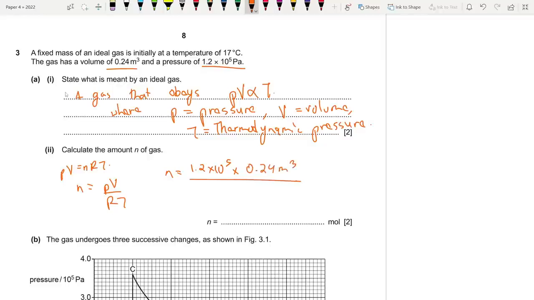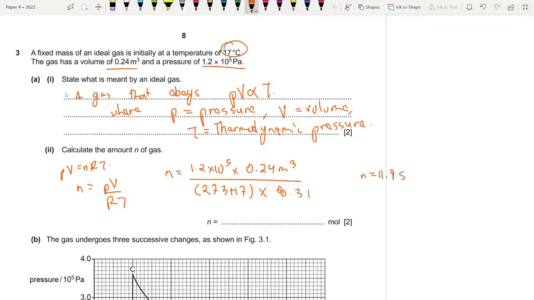Now the temperature is in degrees Celsius, so we need to find it in Kelvin. That's basically 273 plus 17, and the value of the molar gas constant is 8.31. This is also given in your data sheet. I have it memorized. So 1.2 × 10^5 times 0.24, divided by 273 plus 17, which is 290, times 8.31. I'm getting an answer of 11.95.